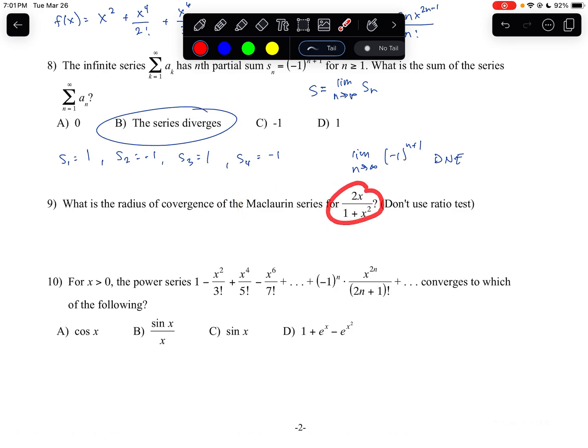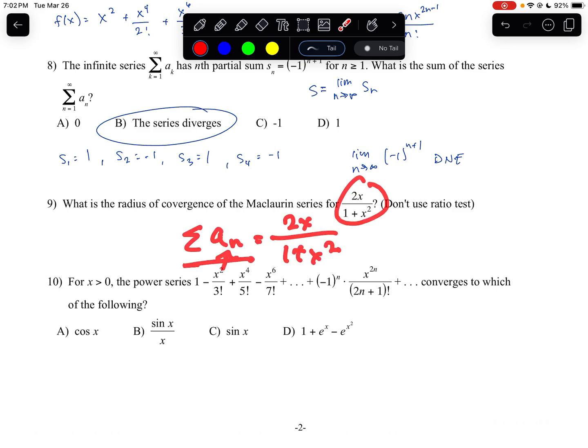This isn't saying that the series is this right here. That's not at all what it's saying. Basically what it's saying is that the series of, say for a general term, a sub n, which will also be a power series in this case, is going to be equal to 2x over 1 plus x squared. So that's what we're saying.